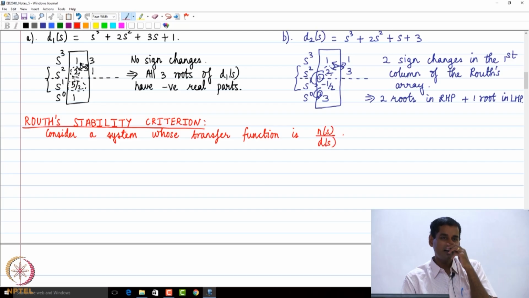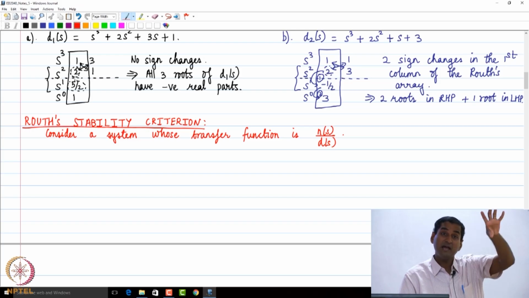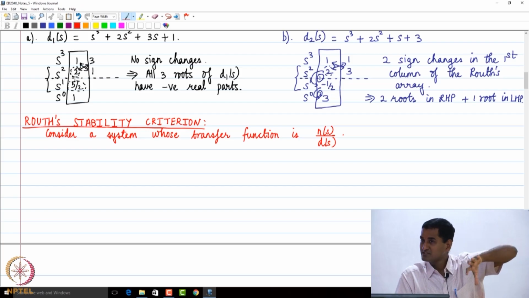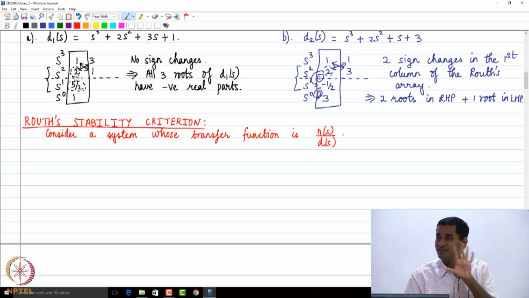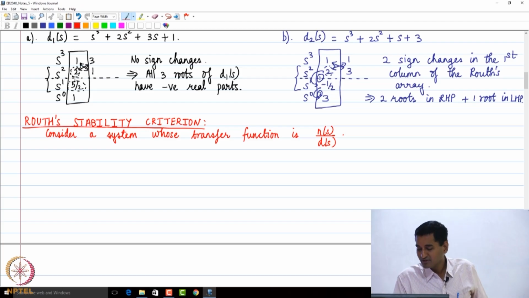It can be just the plant, the open loop transfer function, or also the closed loop transfer function. But for control design, by and large, we will consider the closed loop transfer function, because that's what makes sense for us.